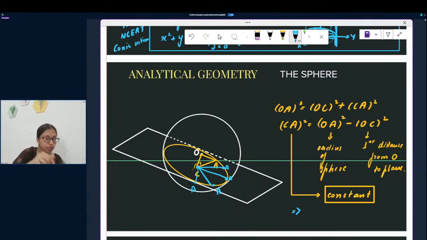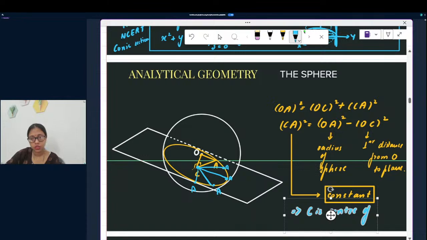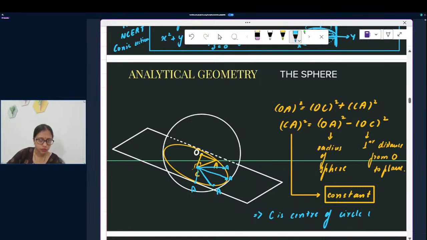So that C point is definitely the center. It implies C is the center of the circle obtained. Or you can write circle of intersection, like we say line of intersection. So it is the circle of intersection.